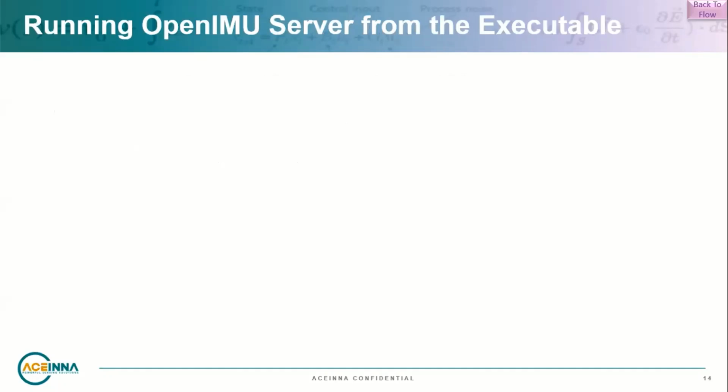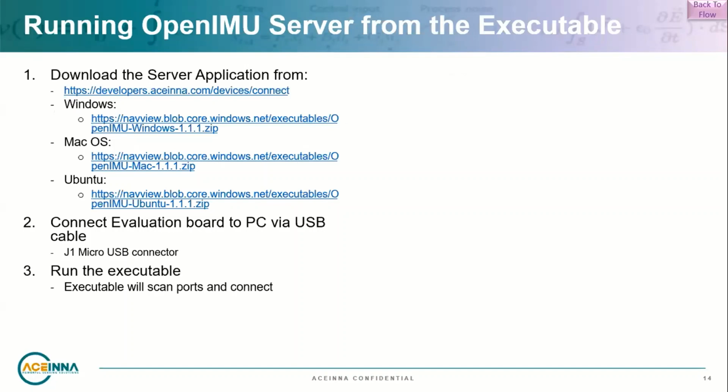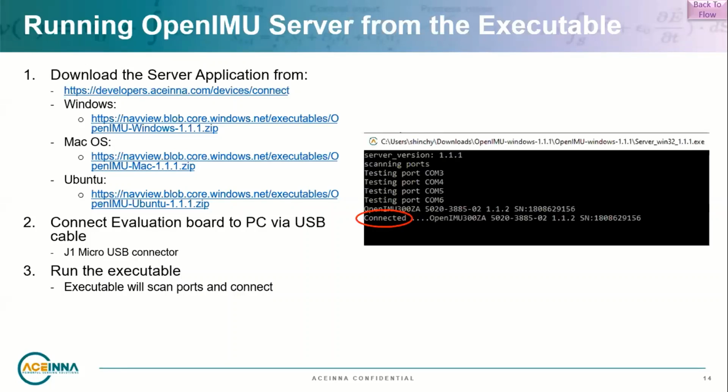So the first one, running the OpenIMU server from the executable. Based on the platform that you have, whether it's Windows, macOS or Ubuntu, download the executable directly. It's a zip file. You have to unzip it. Then make sure you have the evaluation board connected to your PC through the USB cable, and then run the executable, which will scan all the available ports and connect.